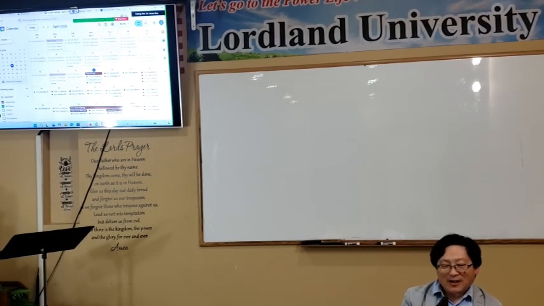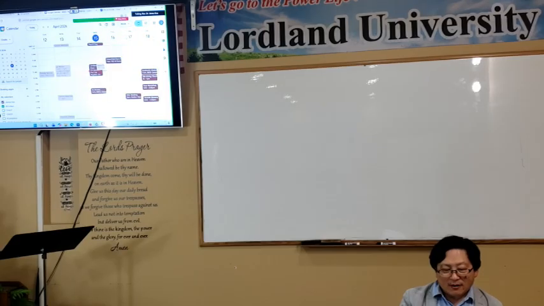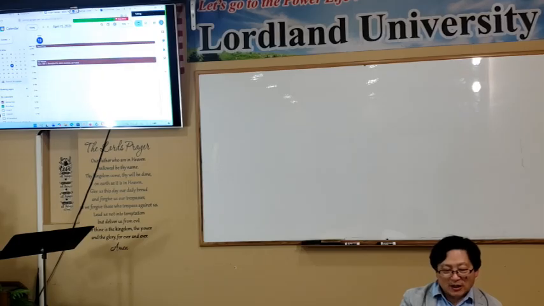What time is my schedule? Something like daily, monthly, weekly. This one is a weekly schedule, and then daily schedule. The daily schedule shows me. It's a good tool for me.